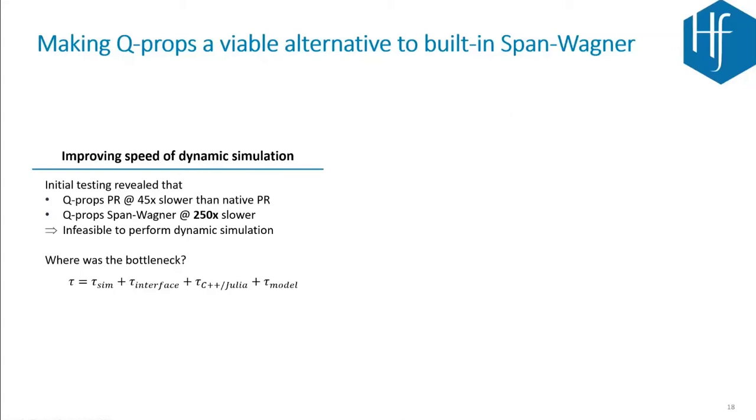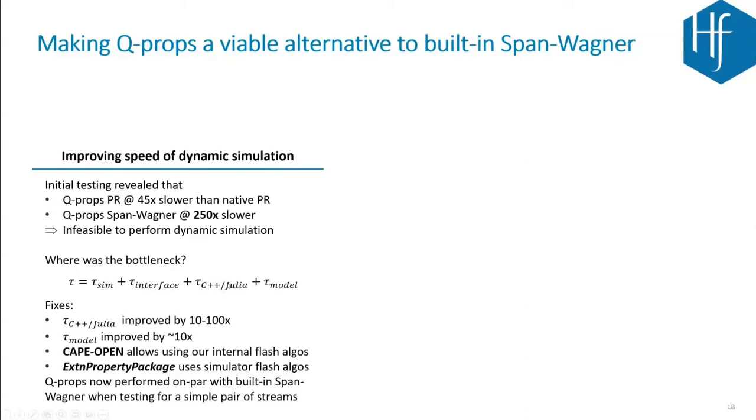So it's a good idea to have some sort of caching after you've done a flash to quickly return the values that were computed at those conditions. Then we had a special C++ Julia bottleneck part and a model. And we identified that the C++ Julia part could be improved by 1 to 2 orders of magnitude, and the model by a single order of magnitude.